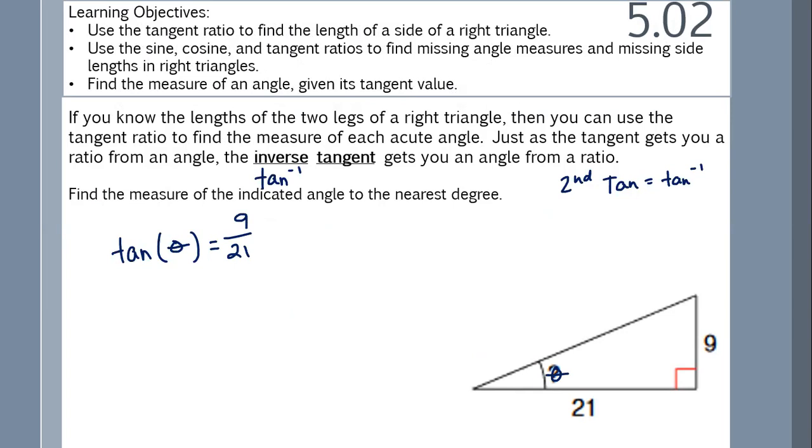Well, I could attempt to plug stuff in there, but I don't really want to. So what I can say is theta, my angle, is equal to tan -1 of 9 over 21. If you wanted to, you could simplify 9 over 21 to 3/7.